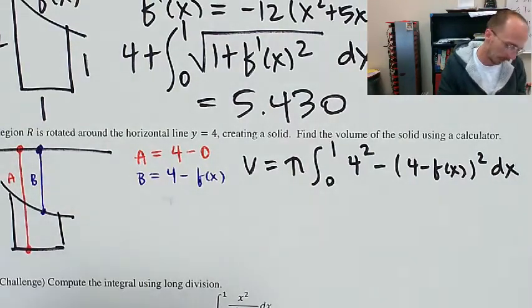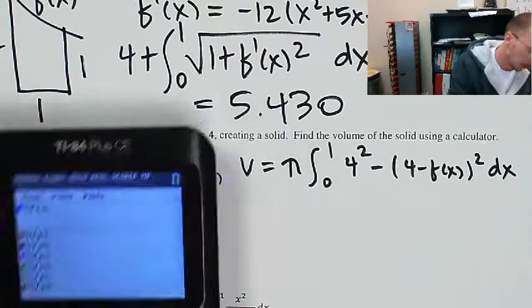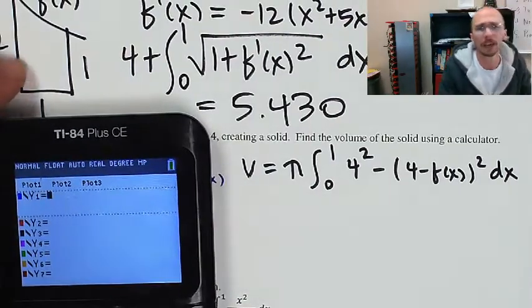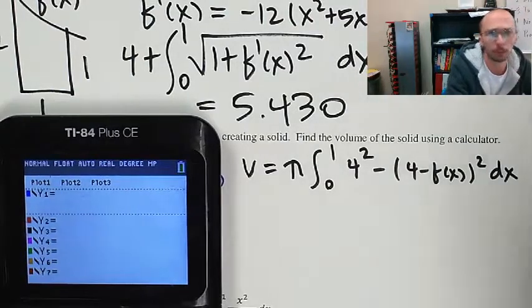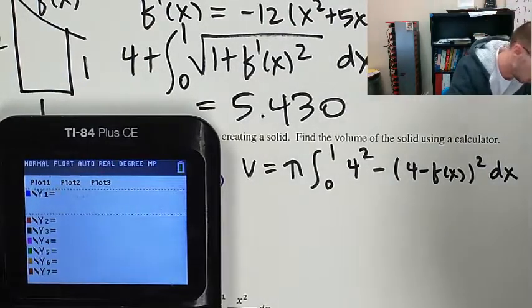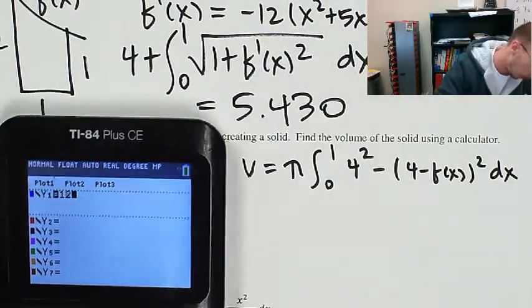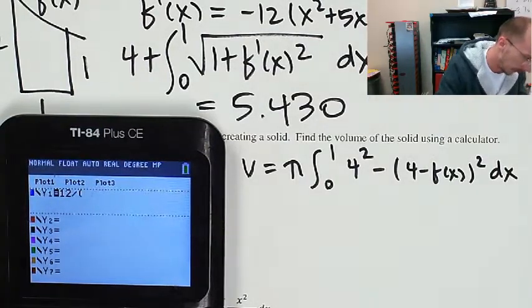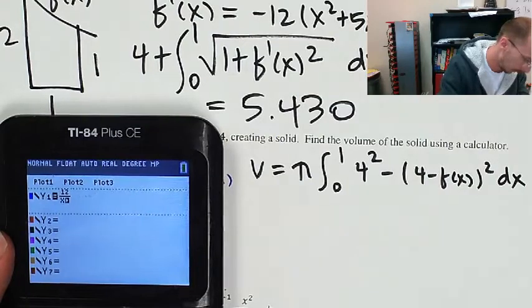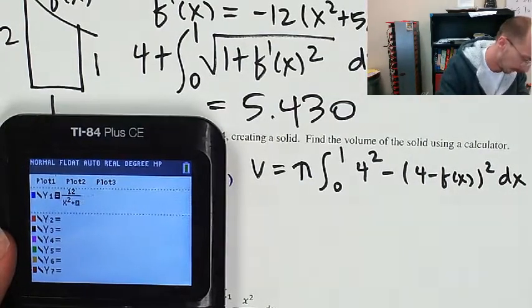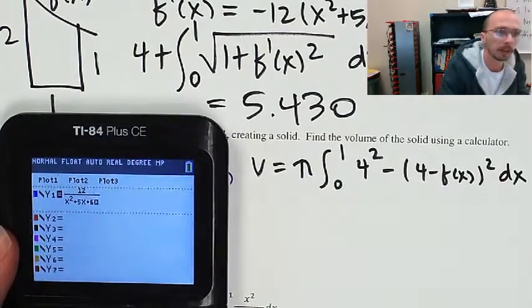All right, now I'm going to go back in and clear out y1 and plug in f of x into y1 again so I don't have to type it correctly with the subtraction and the parentheses and the squaring. I don't want to take that risk. So it's going to be 12 divided by, maybe I'll even use the fraction bar, 12 over x squared plus 5x plus 6.